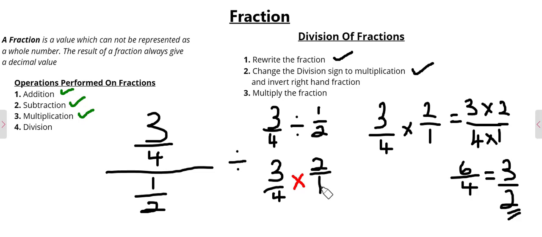That is why I did not say just 2. Now we then move to the last one, which says multiply the fraction. So 3 all over 4 multiplied by 2 all over 1 gives us 6 all over 4. So we divide further and we have 3 all over 2. So we finally have the answer to the question.